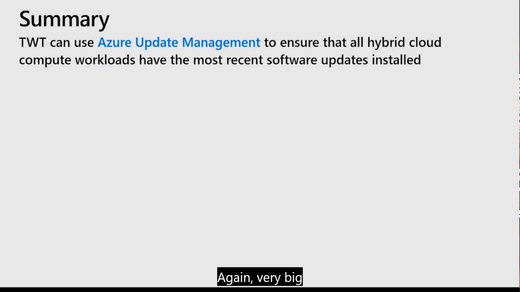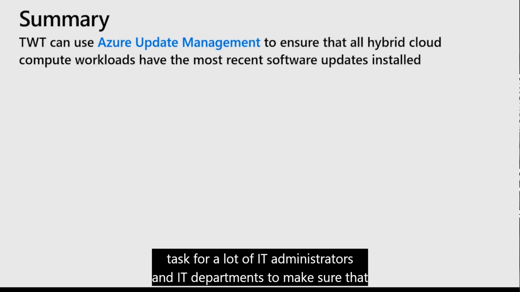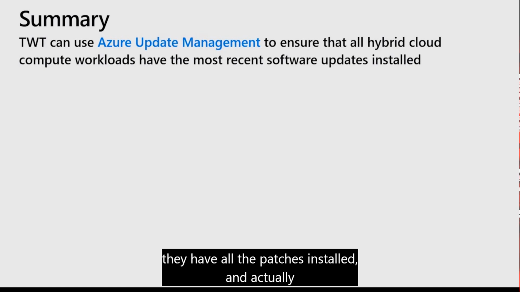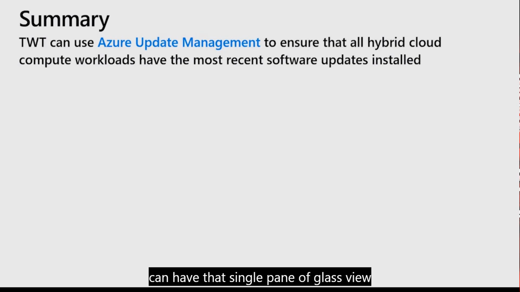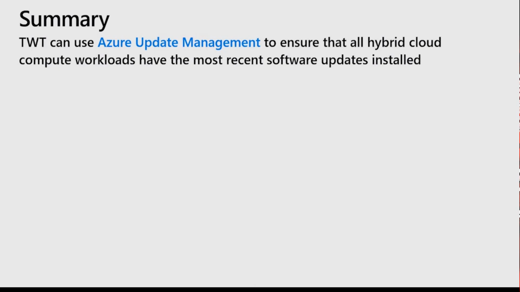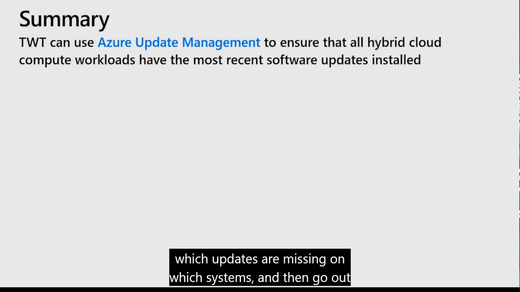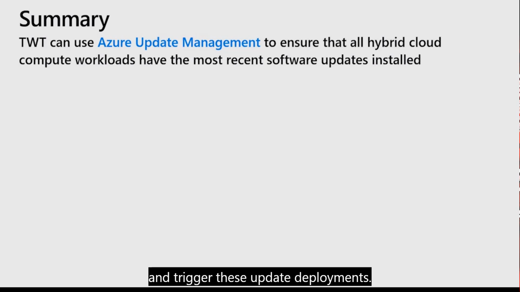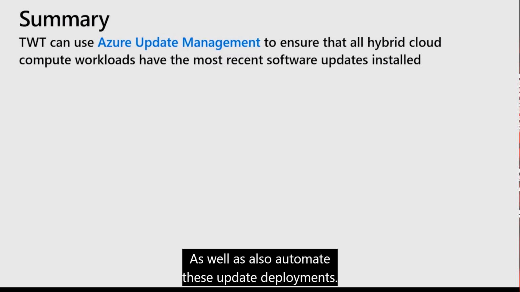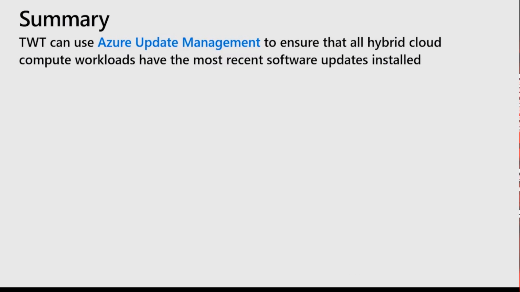Again, a very big task for a lot of IT administrators and IT departments to make sure that they have all the patches installed and have that single pane of glass view where they can see which updates are missing on which systems, and then go out and trigger these update deployments, as well as automate these update deployments.